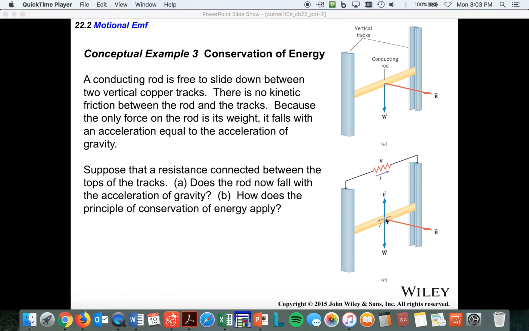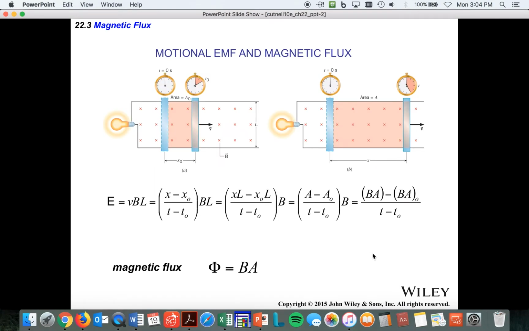Put your fingers out this way, pop your thumb out that way, and now the top of your hand gives the force. So it slows down. Because if it went the other way, it would increase, and that would violate the law of conservation of energy.